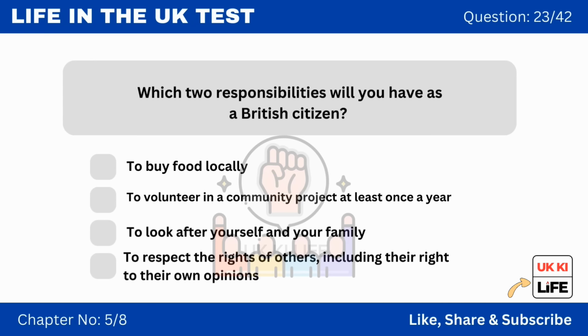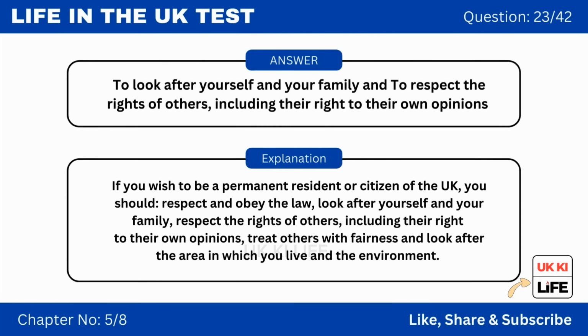The correct option is C and D. Explanation. If you wish to be a permanent resident or citizen of the UK, you should respect and obey the law, look after yourself and your family, respect the rights of others, including their right to their own opinions, treat others with fairness and look after the area in which you live and the environment.